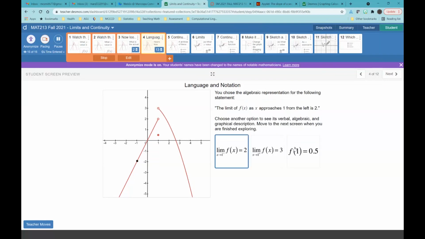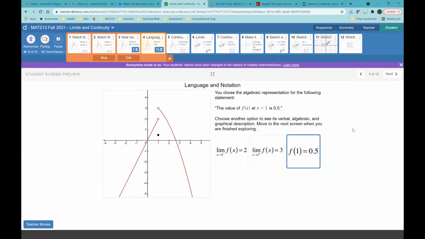So what happens if I choose these? They actually read it to me. The limit of f of x as x approaches 1 from the left, that's the little negative sign up here, is 2. Here, the limit of f of x as x approaches 1 from the right, that's the little plus sign, is 3. And the function value at 1 is 0.5.